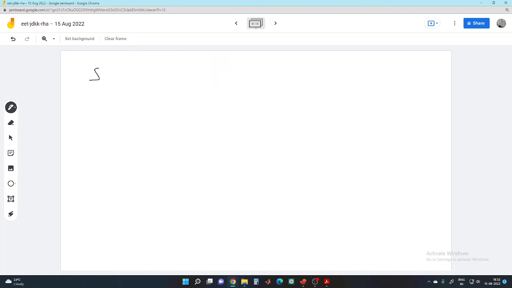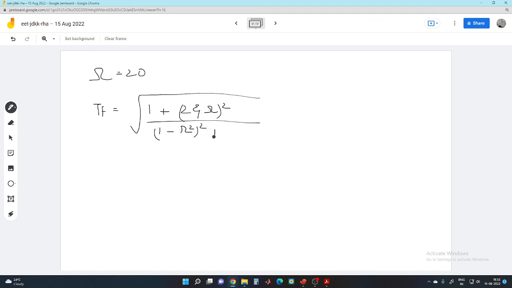So if we go for omega equal to 20, this is basically the inertia dominated region. The TF is basically 1 plus 2 xi omega whole square upon 1 minus omega square whole squared plus 2 xi omega whole squared, and Ti is nothing but 1 upon mod of 1 minus omega square.